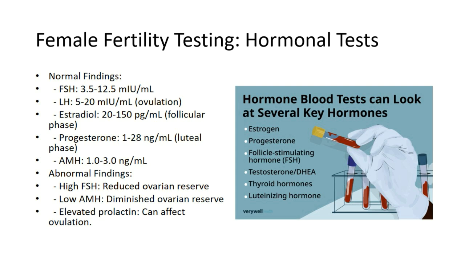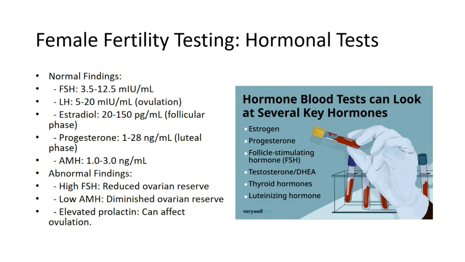Progesterone 1 to 28 nanograms per milliliter, luteal phase. AMH 1.0 to 3.0 nanograms per milliliter indicates a healthy ovarian reserve. Prolactin 2 to 29 nanograms per milliliter.